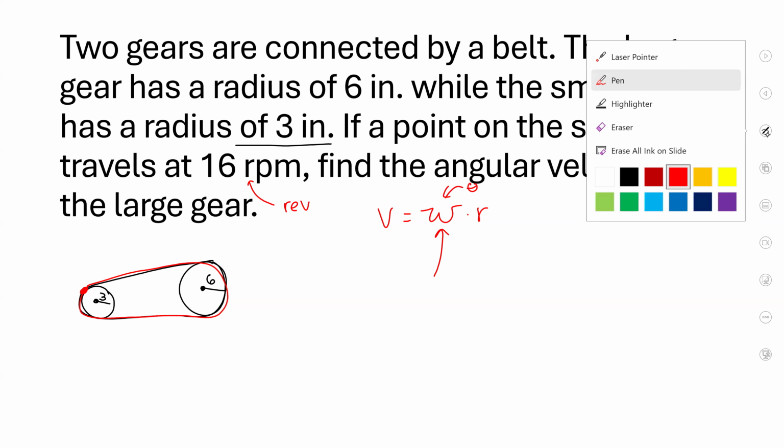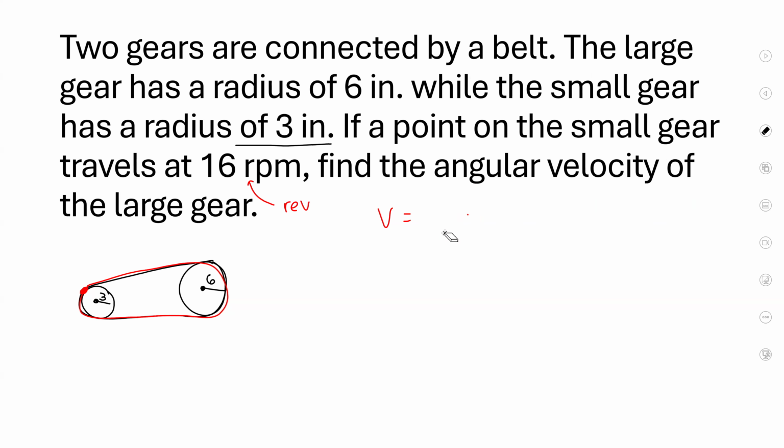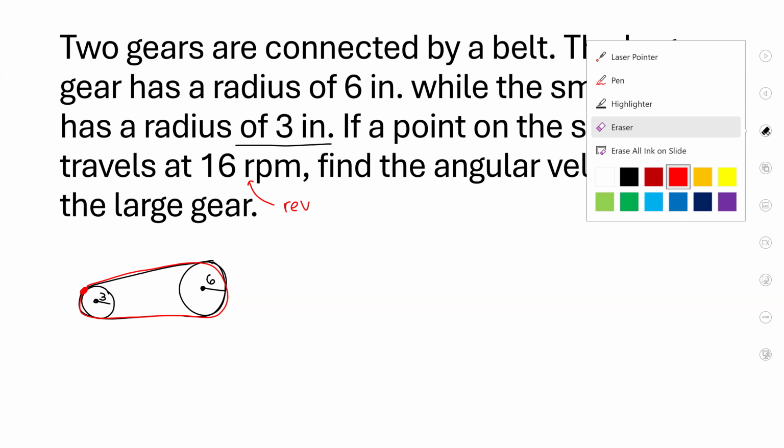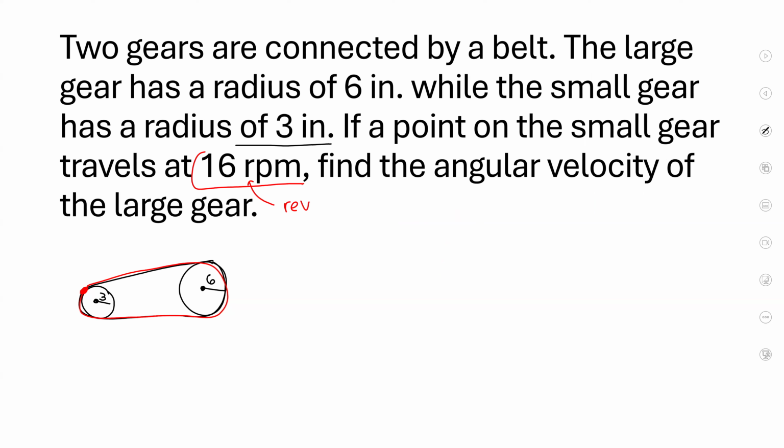Okay. So they just gave me the angular velocity for the small gear. Find the angular velocity of the large gear. So this is the angular velocity of the smaller gear, because remember, it's revolutions over time. That's angular velocity. So there's a 16 over a minute. Okay, so let's plug it into the formula here.